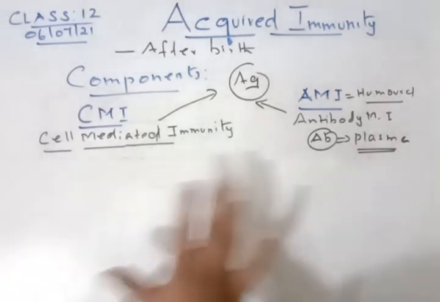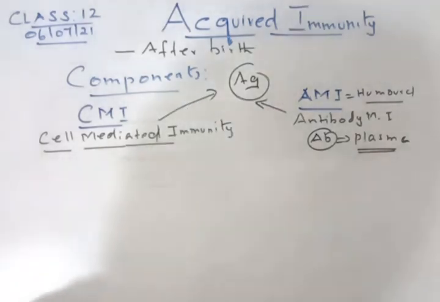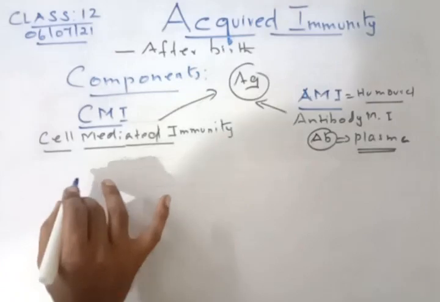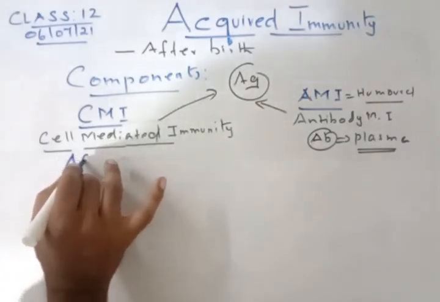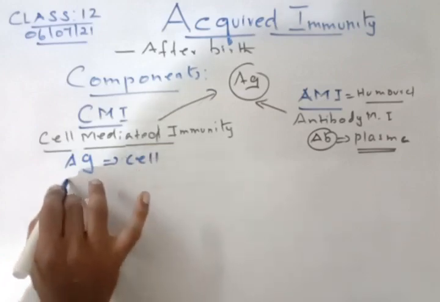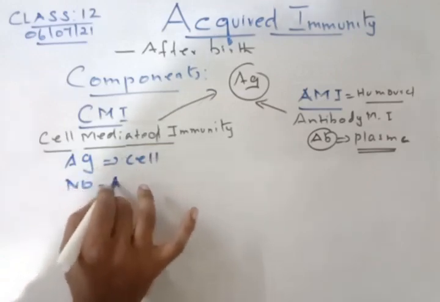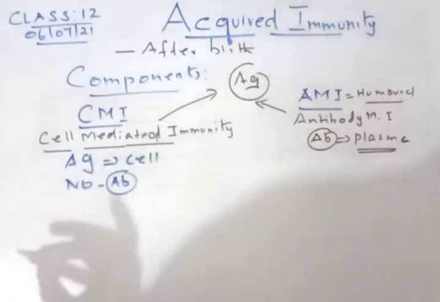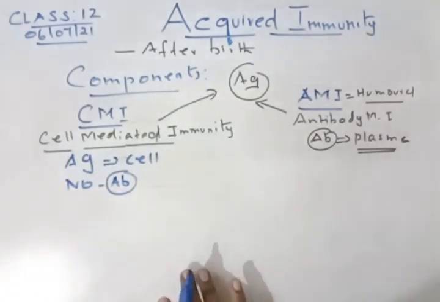First we will talk about the basic thing. Now a pathogen is destroyed by cells. I told you, the antigen will be destroyed by cells. That means there is no antibody production. In cell mediated immunity, always remember there is no antibody production.